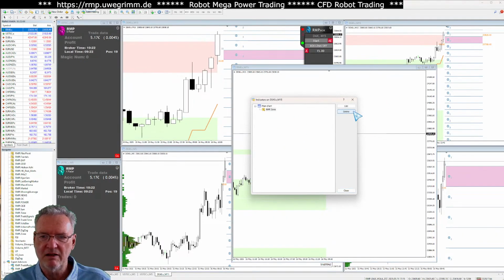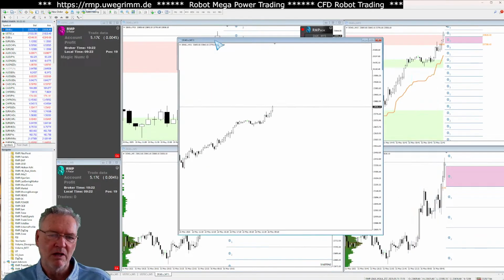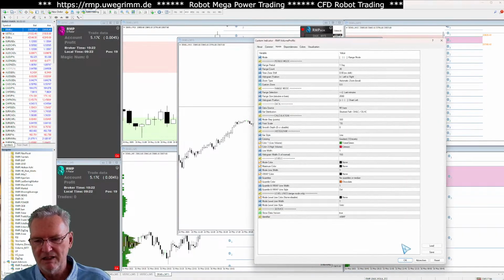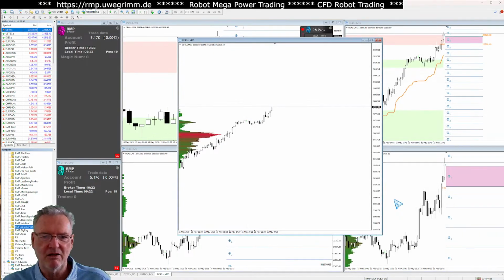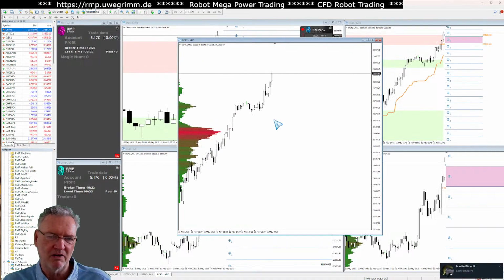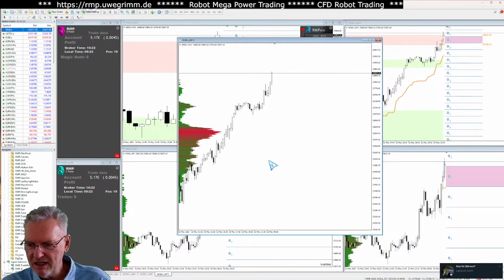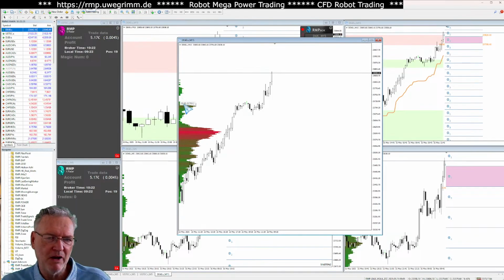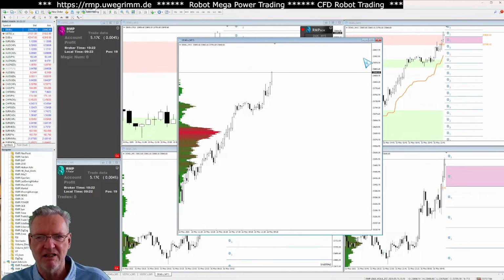So, indicator list, delete. There is another indicator which is called volume profile. This indicator has a lot of adjustments, but we use that one. And this indicator shows us where the market is not staying a longer time. And this is a good thing to trade where it is green, not where it is red.